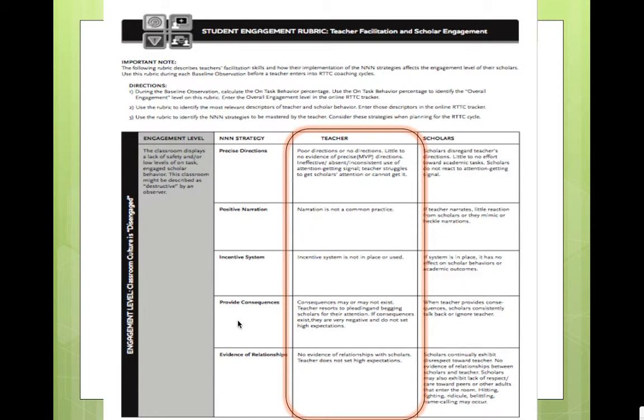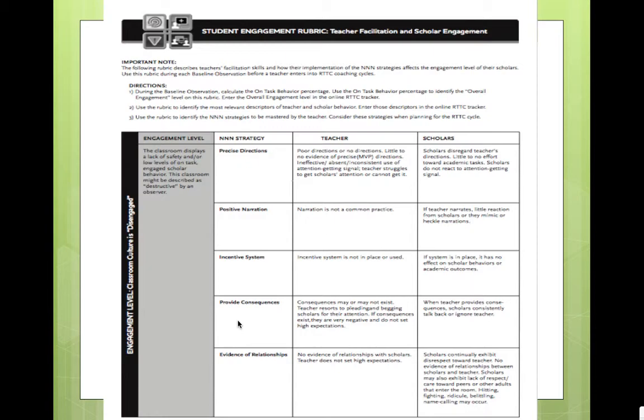The teacher does not use the MVP format, struggles to get the attention of the scholars, and cannot keep it. We see that the teacher does not provide narrations, refer to an incentive system, or provide clear consequences. As it is stated here, consequences might be given, and when they are given, they're either nagging or pleading. We also see that the teacher struggles to build relationships with the students.